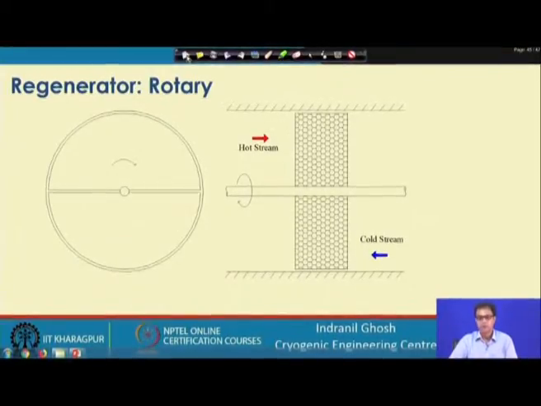In particular, there are Stirling cryocoolers, GM cryocoolers, and pulse tube cryocoolers, and all these types of cryocoolers are basically regenerative cryocoolers, but we mainly use fixed bed type regenerators in those kinds of cooling systems.